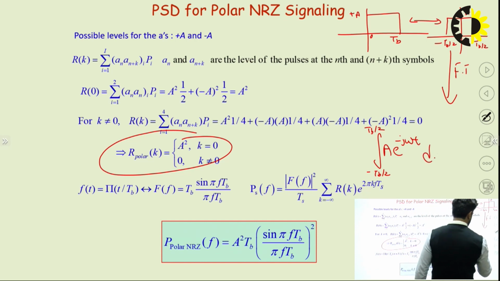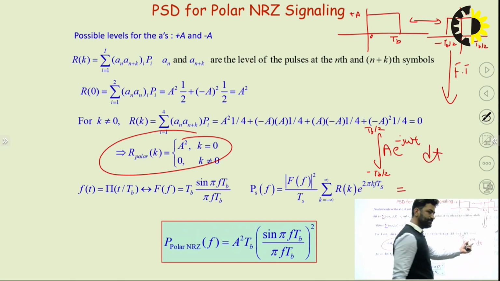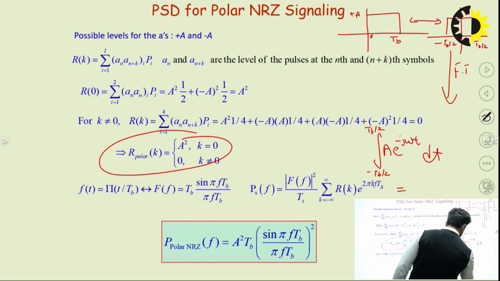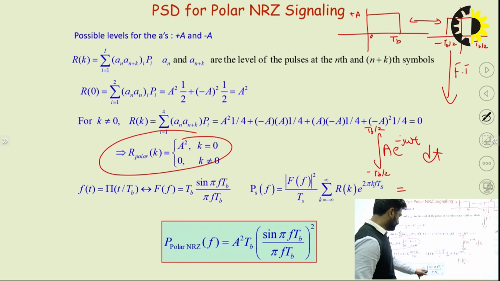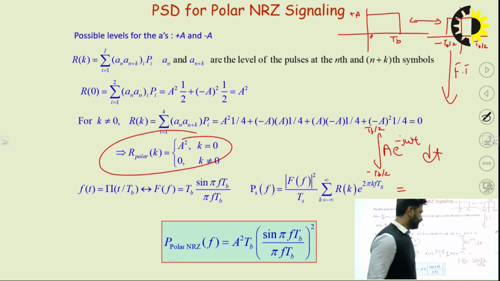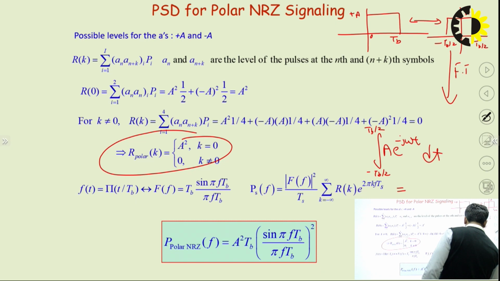After solving this equation, the Fourier transform comes out as sin(pi f Tb) by pi f Tb. We can also replace this term by the sinc pulse, sinc(f Tb).